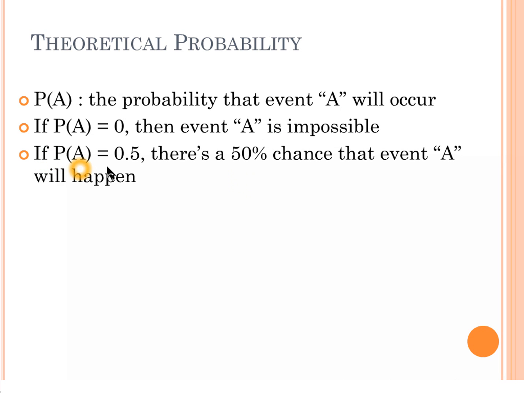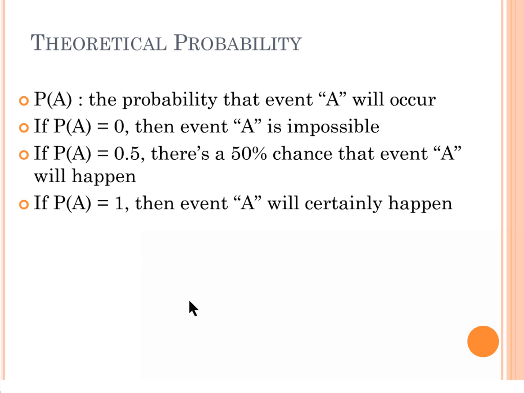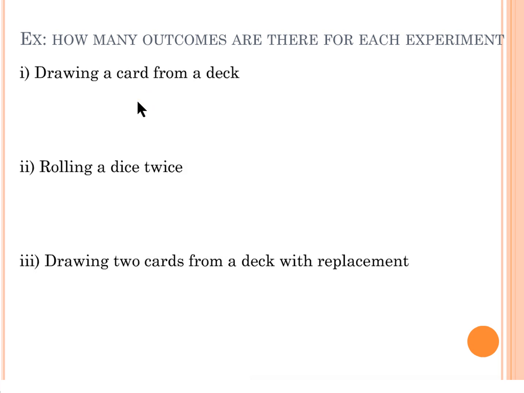If P(A) equals 0.5, this means there's a 50% chance that event A will happen. So 0.5 in terms of a percentage is 50%. If P(A) equals 1, then the event will certainly happen. For 0.5 and 1, those represent percentages as well. So you just take 0.5 and times it by 100 to get 50%, and 1 times 100 will give you 100% as well.